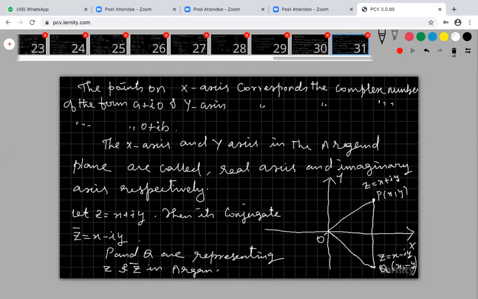Are you understanding? Any doubt? Whatever we discussed in our previous class, I am telling everything. I am giving some notes for that. My P and Q are representing Z and Z bar. That means P is the given complex number and Q is its image. The technical name we use is conjugate.